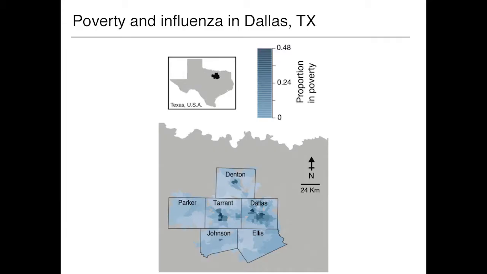So what we're looking at is now we've moved north and east a bit to the Dallas-Fort Worth area. There are 5 counties that we include in the study. So here's Dallas, here's Fort Worth, and then the surrounding counties. And again, I've just color-coded the zip codes based on the proportion of the population living below the poverty line, so ranging between 0% and 50%.